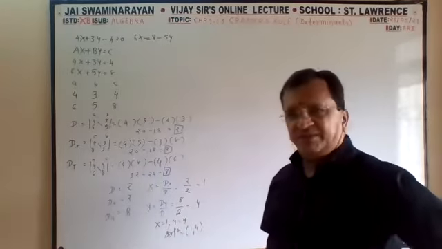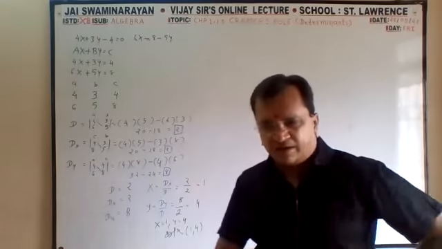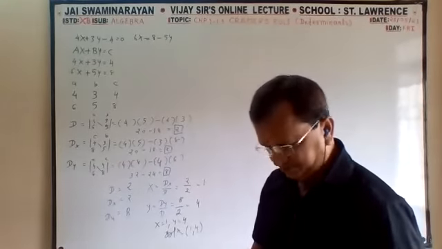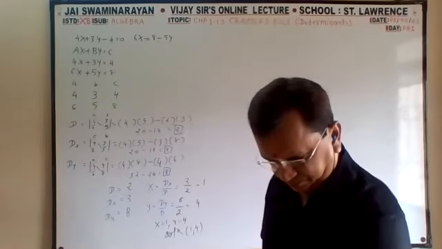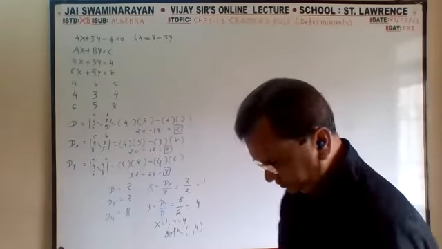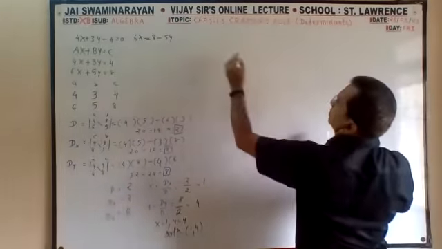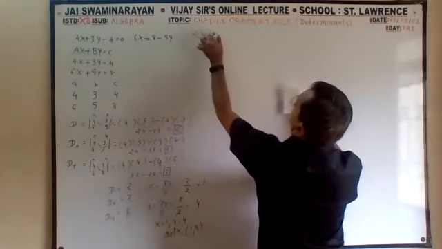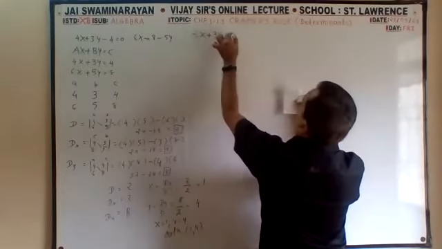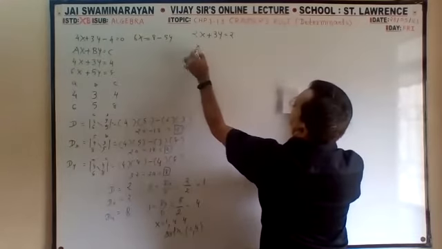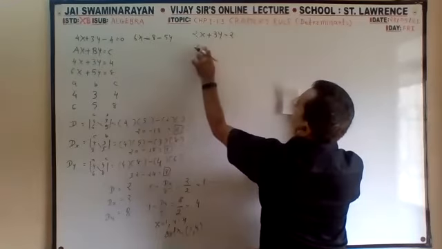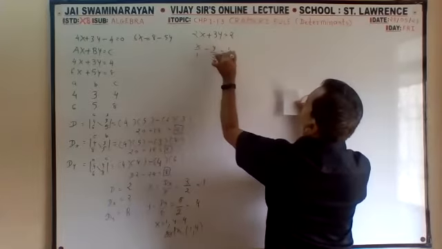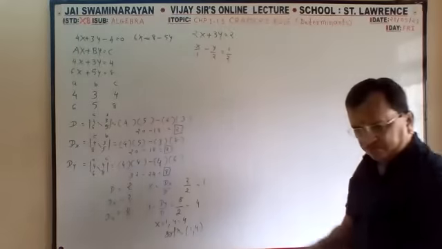This you can do by Hart method, this you can do by Ramana Marana method. One more sum I have. 2x plus 3y, x by 1 minus y by 2 is 1 by 2.